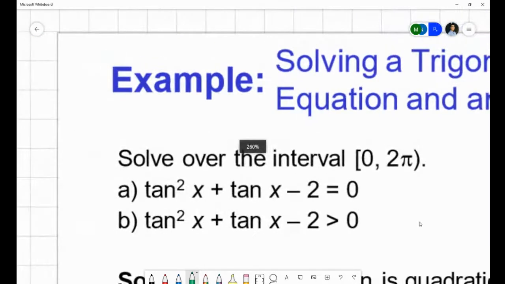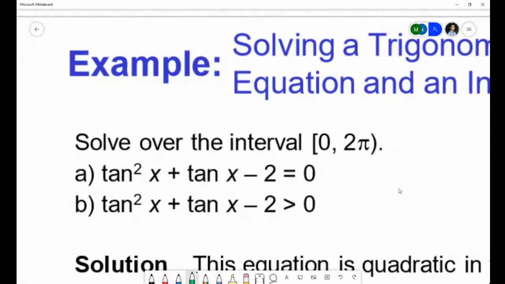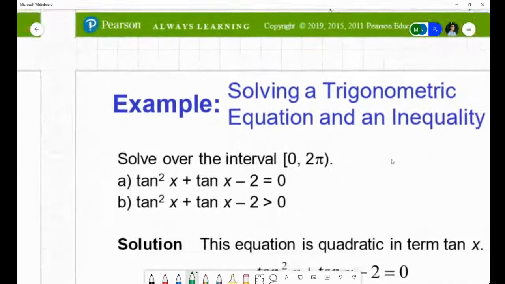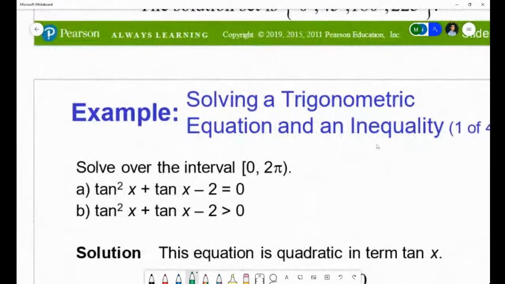Okay, so we learned this in college algebra. I'm not sure if you remember. This is in quadratic form. So quadratic form is ax squared plus bx plus c. Okay, so our x here is equal to tangent x. Okay, so can I factor?